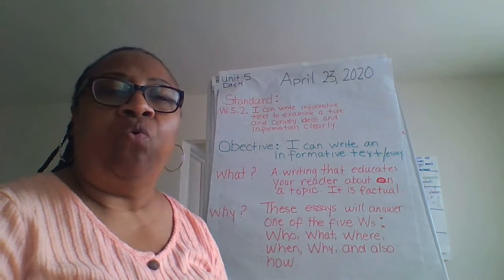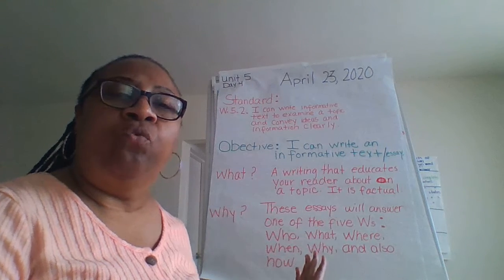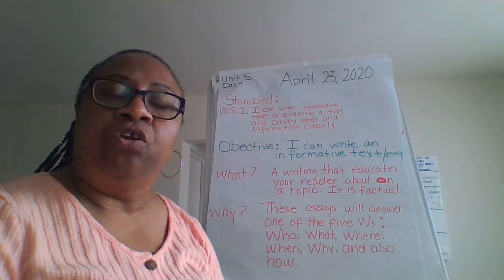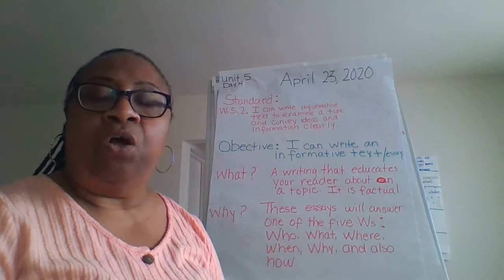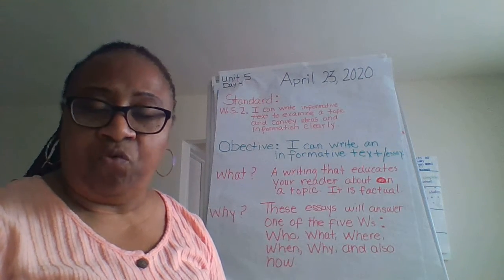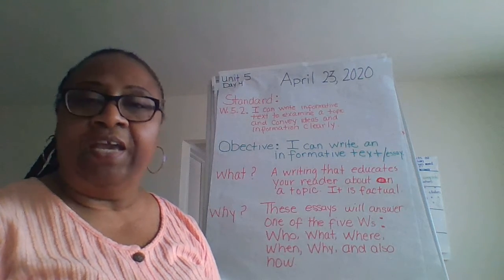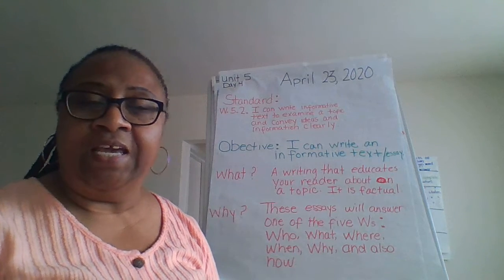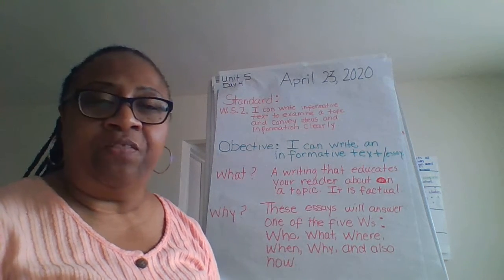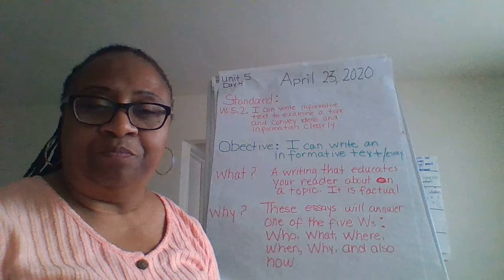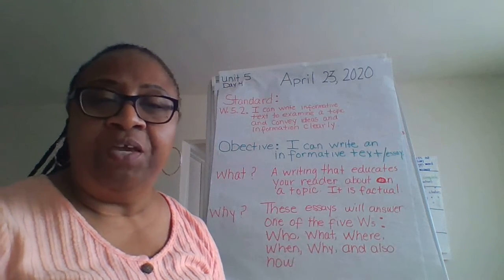It is just writing that educates your reader about a particular topic. It is also a factual piece of writing. Everything in an informative text or essay is factual. This is not opinion writing.